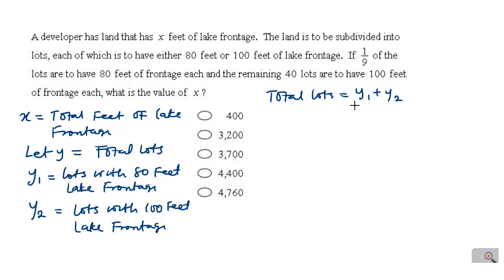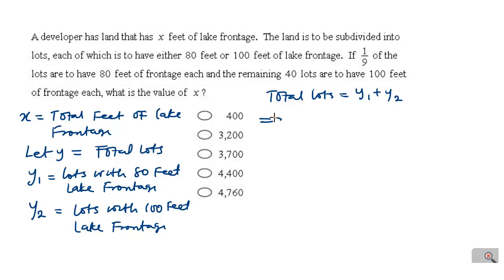while the remaining 40 lots are to have 100 feet each. So what are we going to be doing here? We can express it as a mathematical equation.